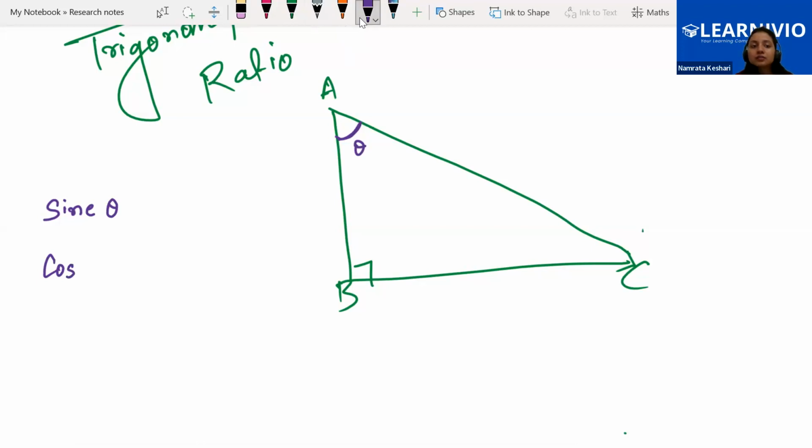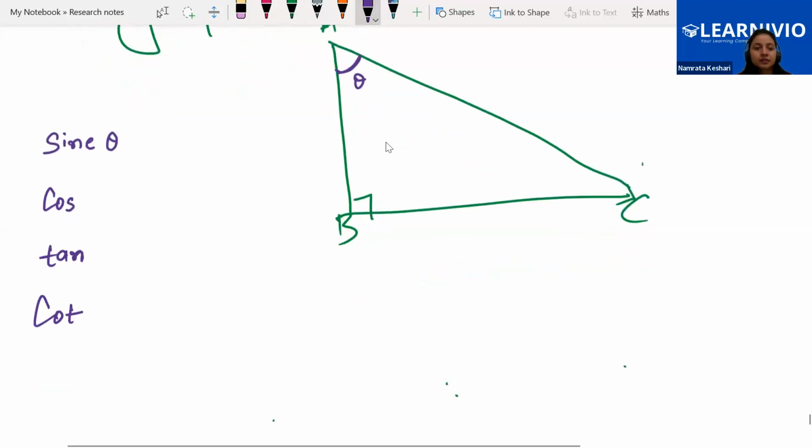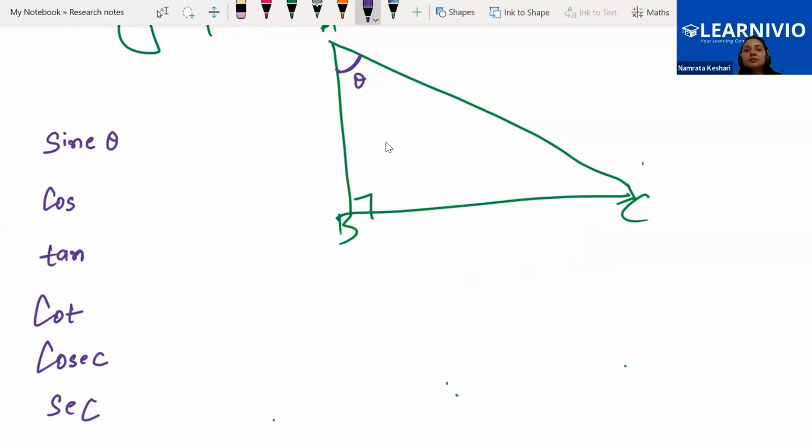Okay, cos, tan, cot, cosec, and sec. These are completely different and new to you. Yes, these are the trigonometric ratios. Okay, I am going to write the formula of all these trigonometric ratios.